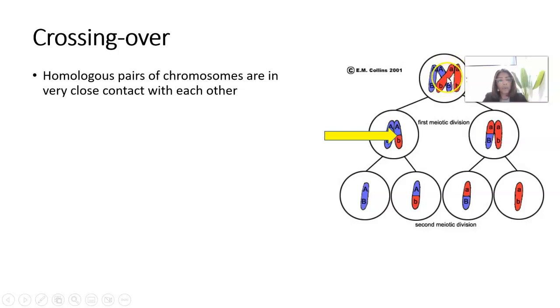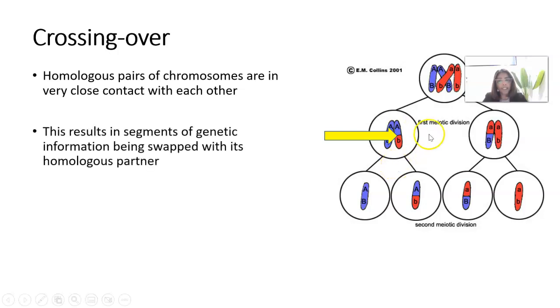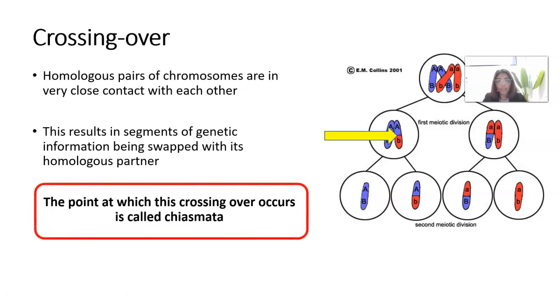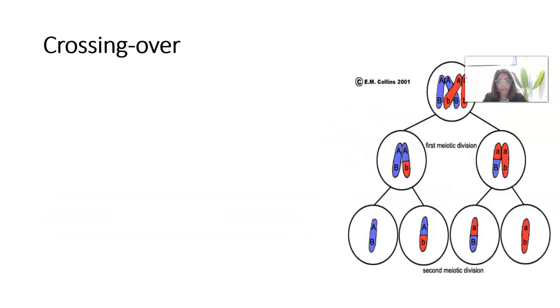So at this point here you have crossing over happening. And what's occurred is that segments of genetic information have been swapped. Now it's the same information but different alleles. So you can see that that has been given by the different letters. And again, the point of crossing over is called chiasmata. And I'm showing you that here with the yellow arrow.